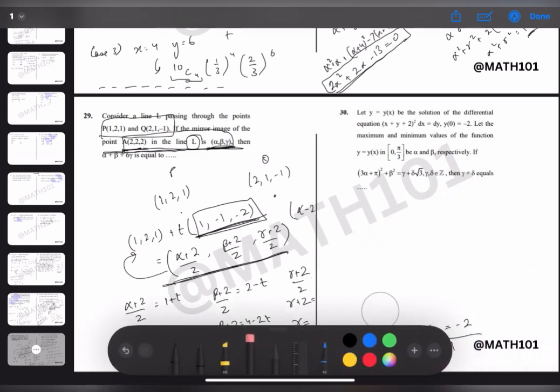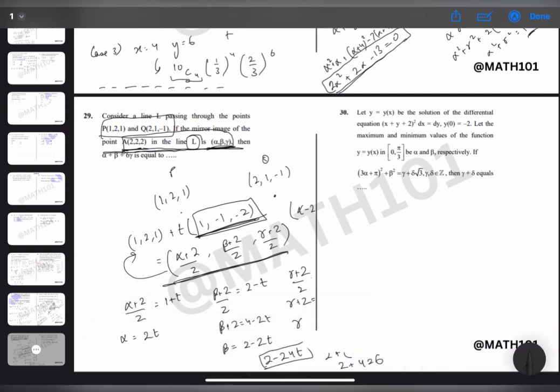Moving on. For this question, we will make a substitution. We substitute x plus y equals u, which means dx plus dy equals du.